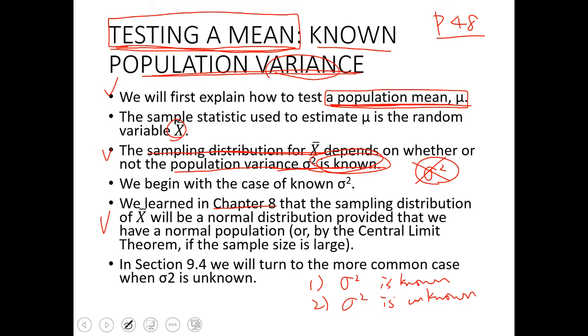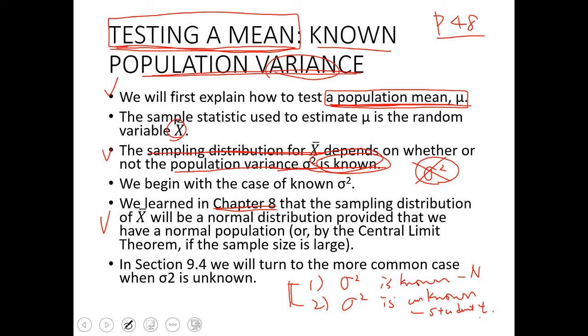When we studied the confidence interval in chapter 8, if the population standard deviation is known, then we used the normal distribution. And if the population standard deviation or population variance is unknown, then we used the student t distribution. In this hypothesis test, we have the same technique as we did in the confidence interval.